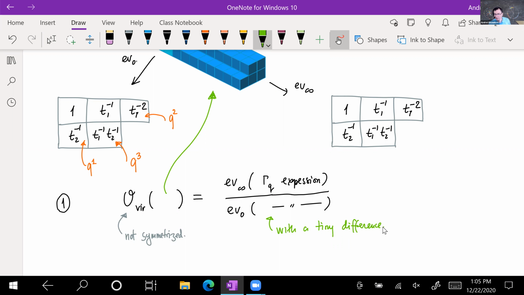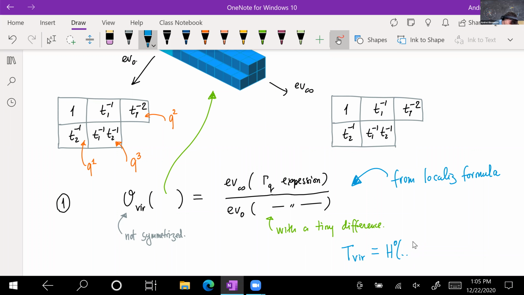So if I'd like to compute this, where does it come from? This really comes from the localization formula. Localization formula says if I'd like to know T virtual, this is some kind of cohomology.